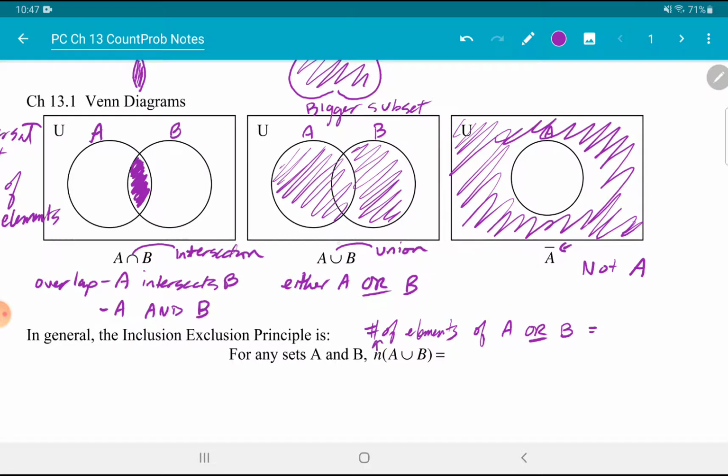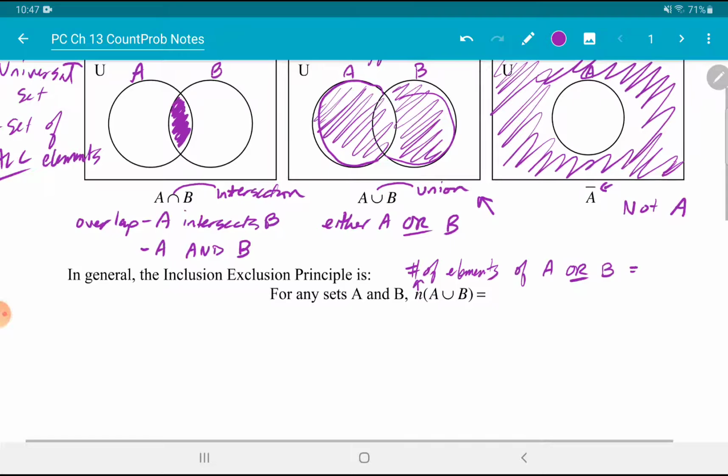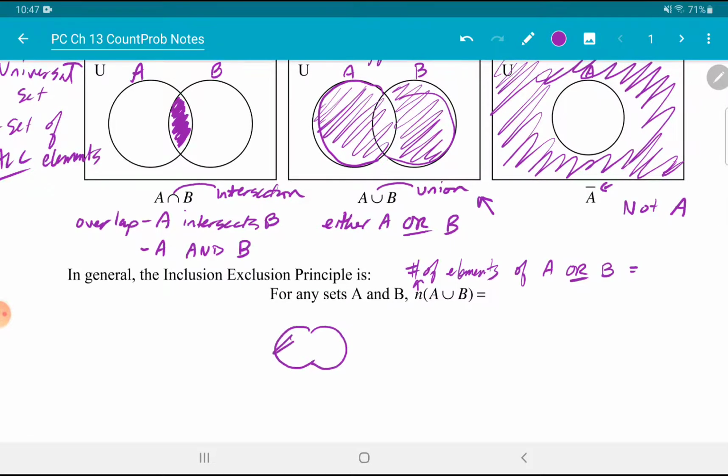Remember that the number of elements of A or B, which is the union, as I said earlier, kind of looks like a peanut, right? So this is the number of elements of A or B.